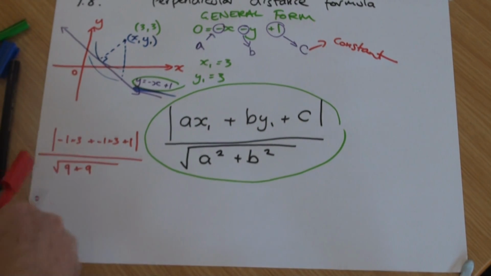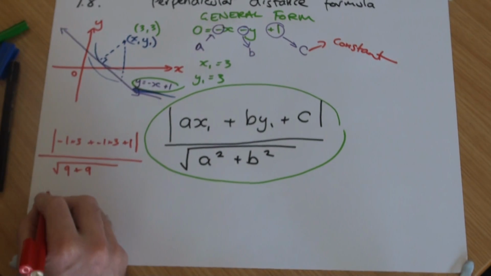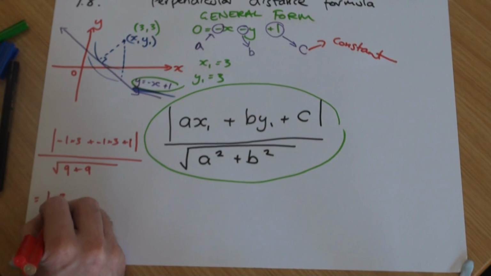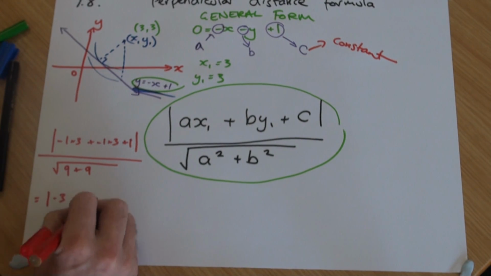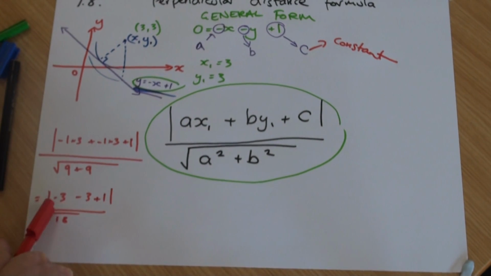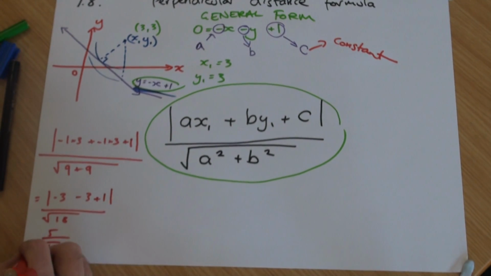So the final distance, the perpendicular distance from 3, 3 to this line, is going to be minus 3 plus 1 over root 18, which is minus 5, so 5 over root 18.